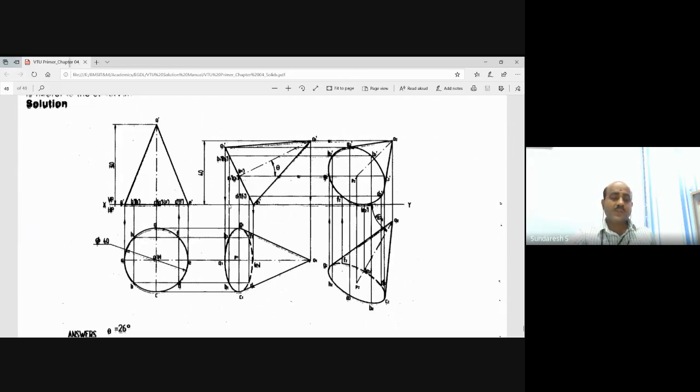The base is circular, but in the top view it looks like an ellipse, and this portion of the ellipse, from the point E1 dash, is an invisible portion for us. The remaining portion will be a continuous thick line.